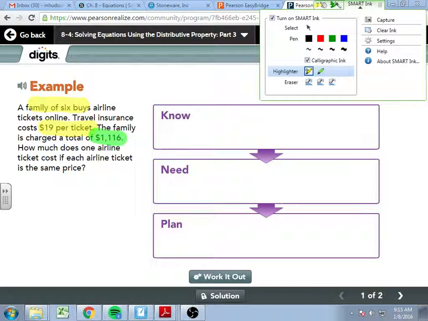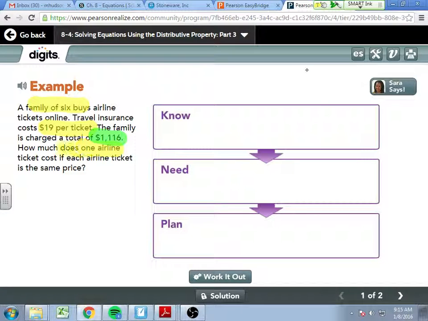Yeah, the cost of one airline ticket. So it says how much does one ticket cost? That's going to be my variable. So choose a variable right now to represent that.